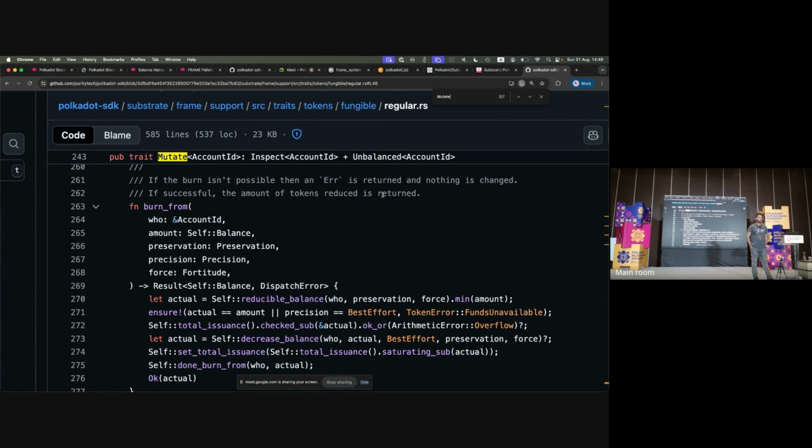If it is part of the pallet call, then it's available to end users of the blockchain. Otherwise, it's not. And then the visibility within the runtime depends on the Rust module visibility. If it's private, pub crate or public, that will determine whether it's visible to other pallets.